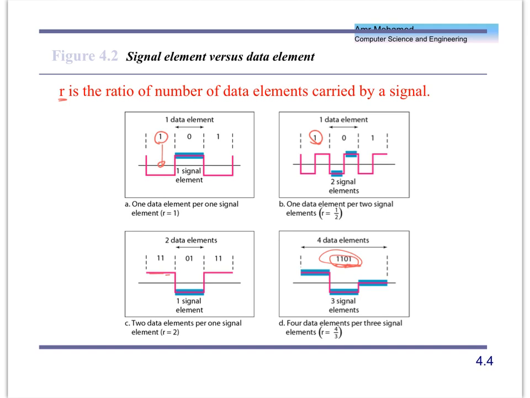Now if I tell you it's not 1 element but 2, they still have to be 32 different signal element combinations. And if it's 3, they still have to be 32 different signal element combinations.